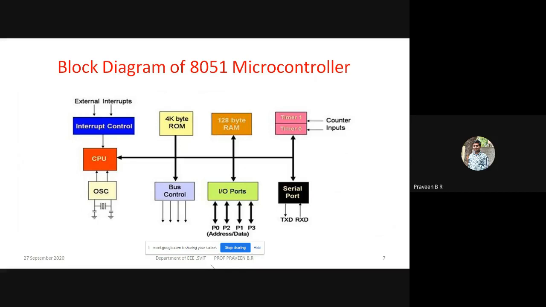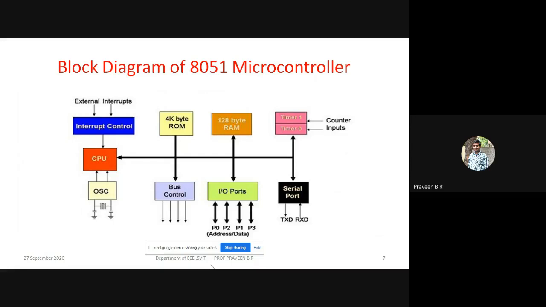Input output ports are the ports which are connected to the external devices or to the outside world. There are four ports in the 8051 microcontroller such as port 0, port 1, port 2 and port 3.